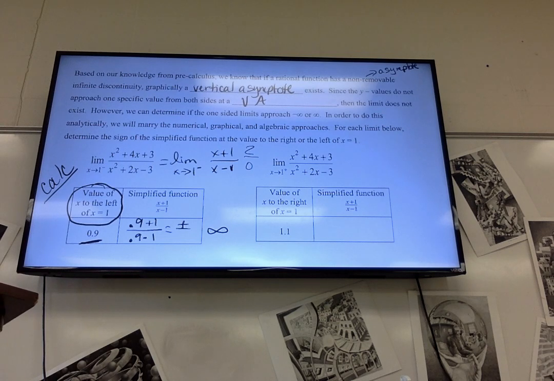I don't care what that number is. I just care that it's positive. And then 0.9 minus 1 is what? Negative. A positive divided by a negative is a negative. That's why my answer is negative infinity. So we can divide by 0 now. It's infinity. You just got to figure out if it's positive or negative.